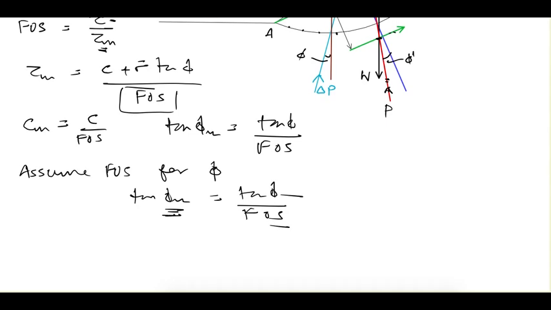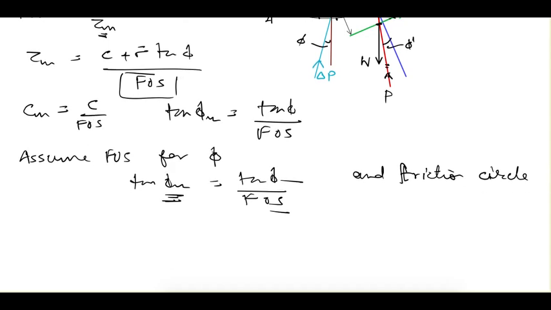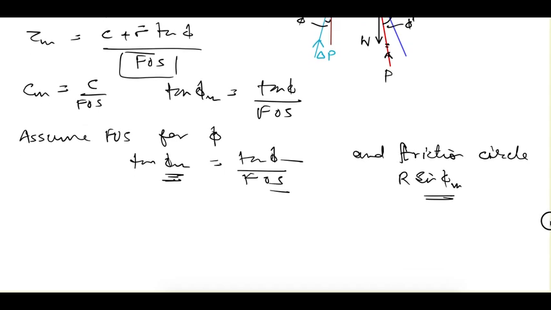So here we obtain phi m and draw the friction circle. The friction circle is drawn with the radius of r sin phi, or it will be r sin phi m.